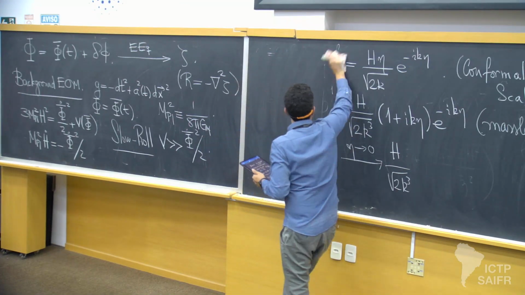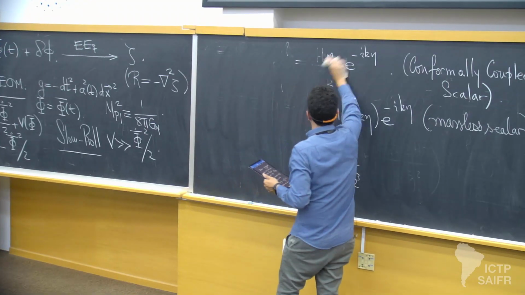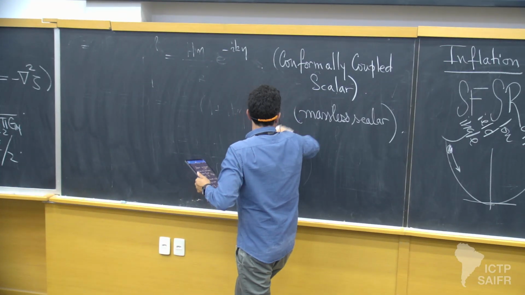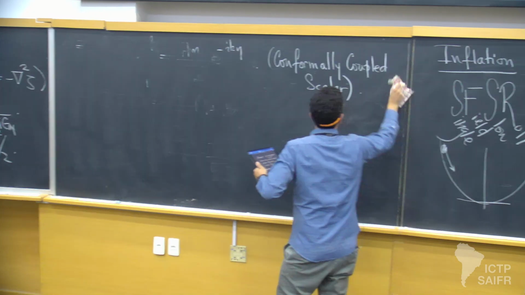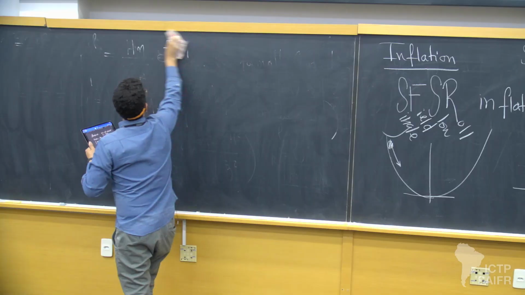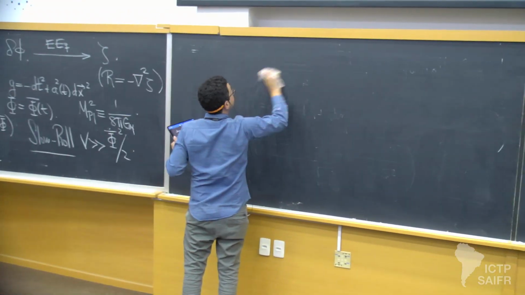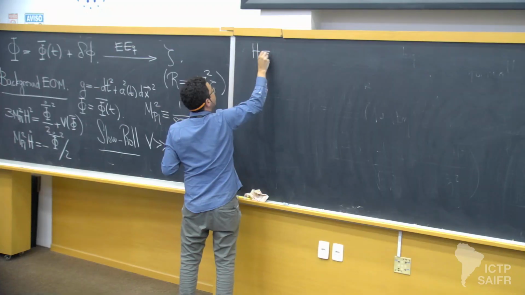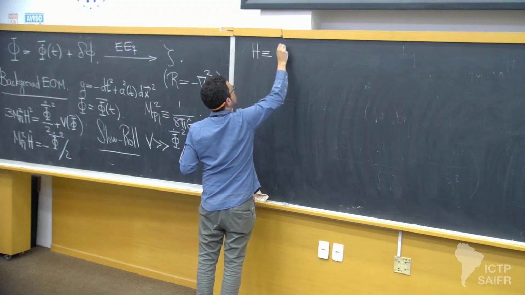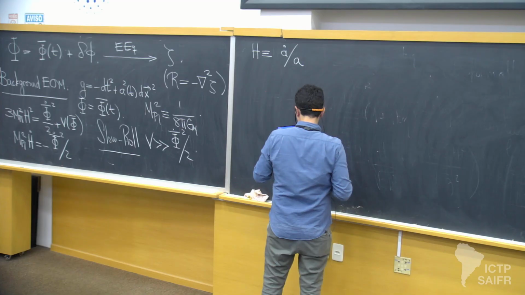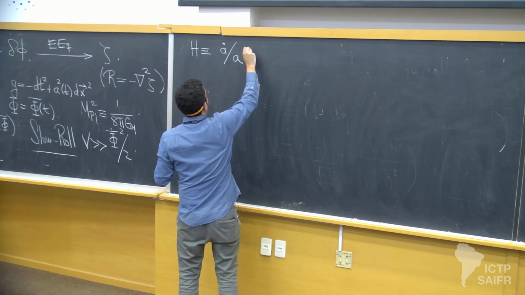So now the Hubble rate, which in de Sitter was constant, H was literally just some parameter, not time dependent. Now I have a scale factor, and H is defined in the usual way: H is a dot over a. So everything is time dependent, and it's approximately constant.